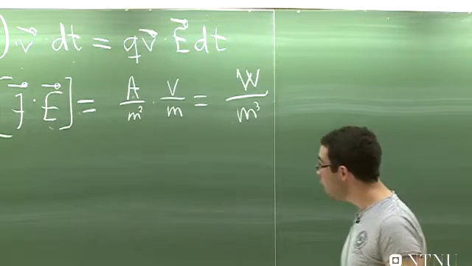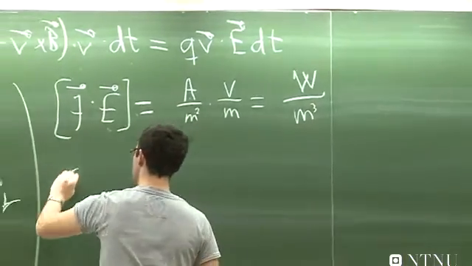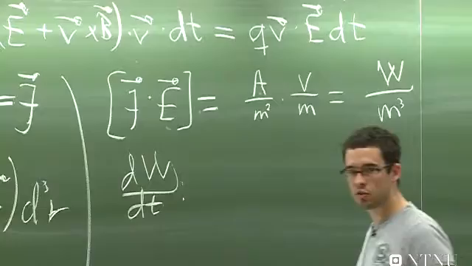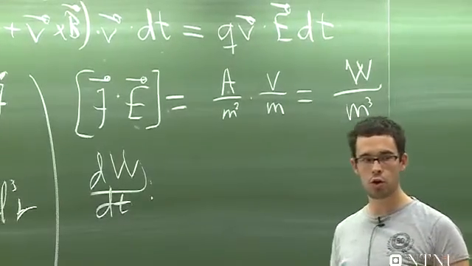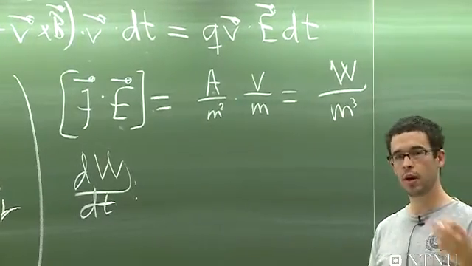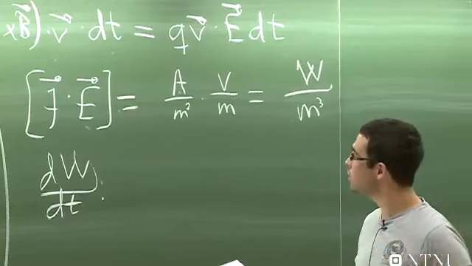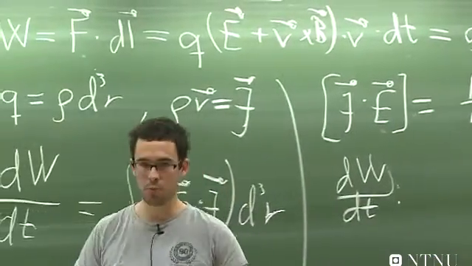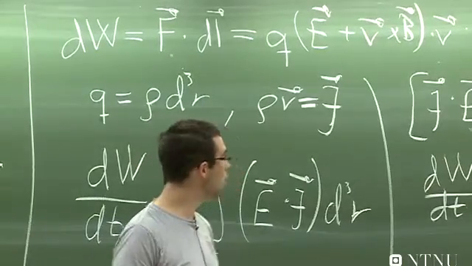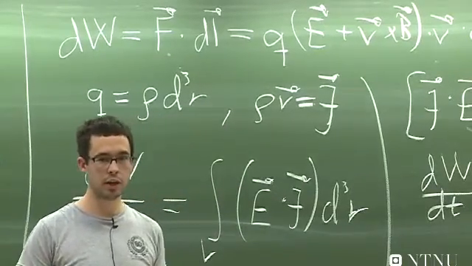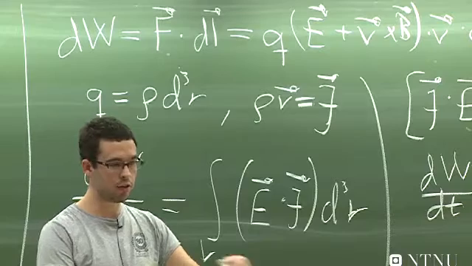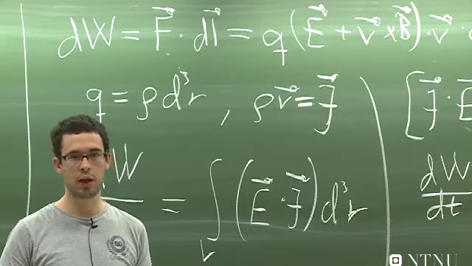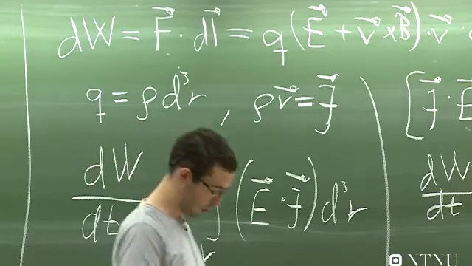And now, what does this represent? Well, it represents the conversion of electrical energy into mechanical energy, or the other way around. So if I'm moving a charge, I might expect that I'm changing mechanical energy into electromagnetic energy, and vice versa. If I let the fields move the charge, then I might convert some of the electromagnetic energy into mechanical energy.